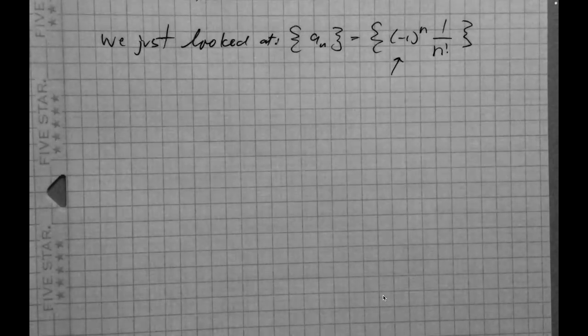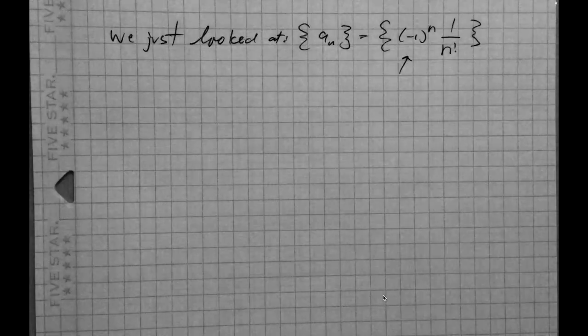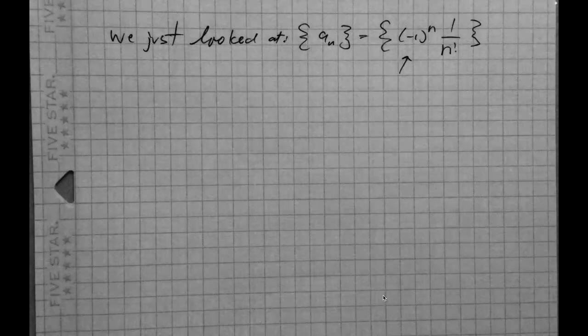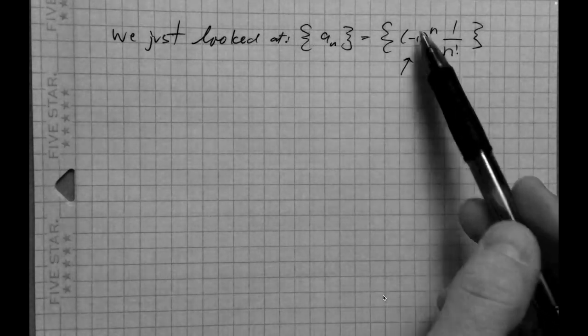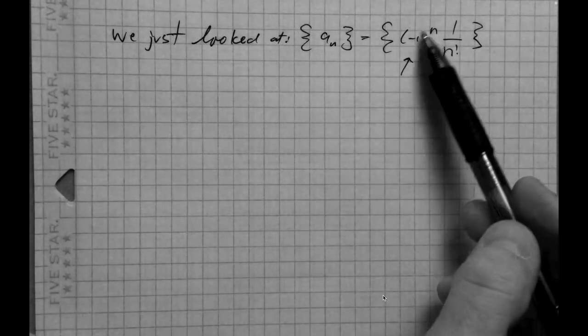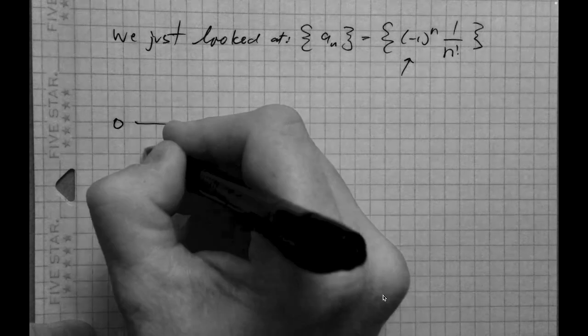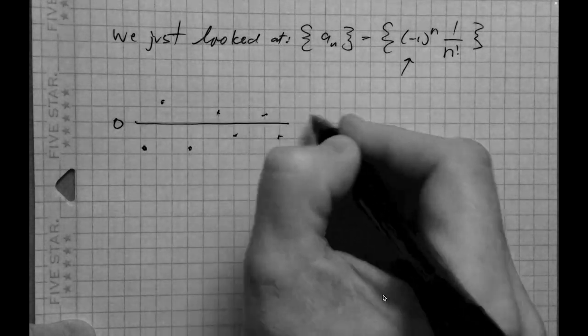You're going to see this a million times, but this is basically going to create the oscillation of positive, negative, positive, negative, forever. This is a really common thing to see in sequence definitions, and anytime you see it, you can count on the sequence oscillating across the zero line, right?